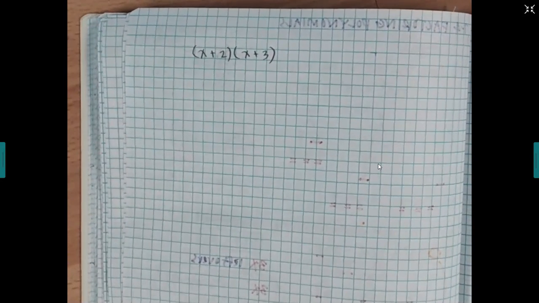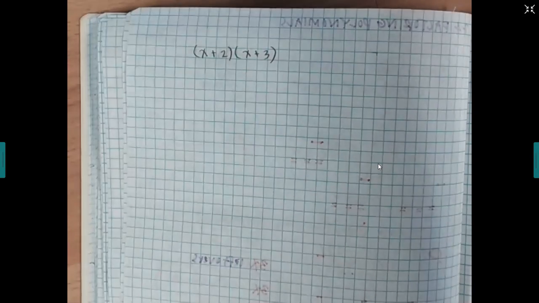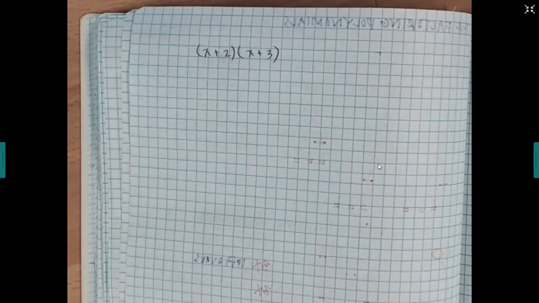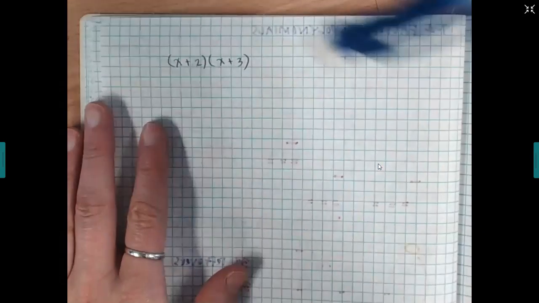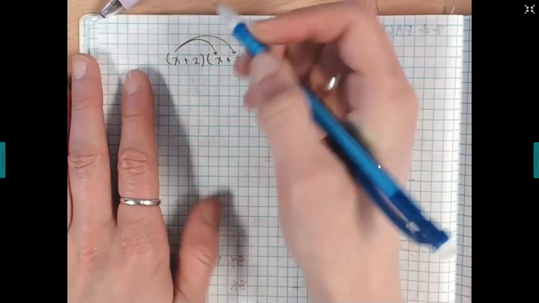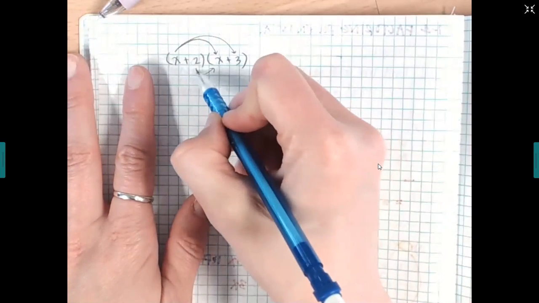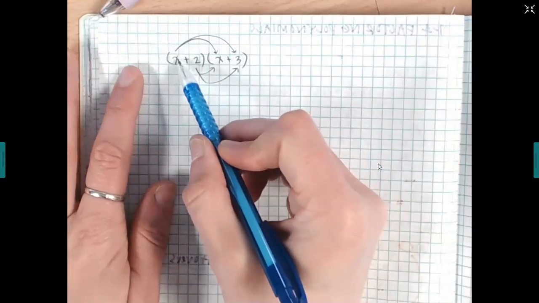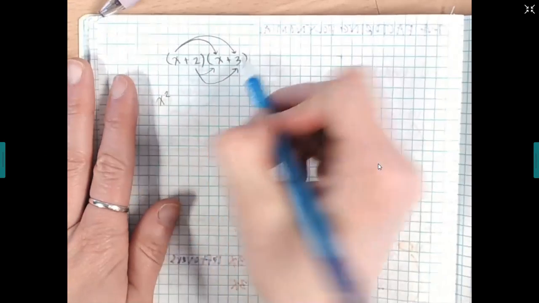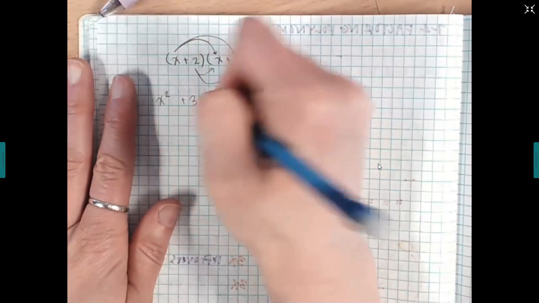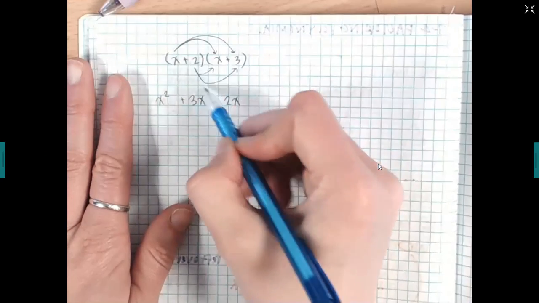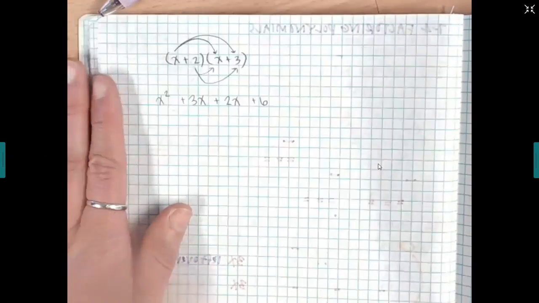When we did this in 7-2, we multiplied by using the double distributive property. So I'm going to go ahead and do that here, and I'm going to write out all of the steps because that's how we're going to determine what our pattern is. So I end up with x times x, which is x squared, x times 3, which is 3x, 2 times x, which is 2x, and then 2 times 3, which is 6.